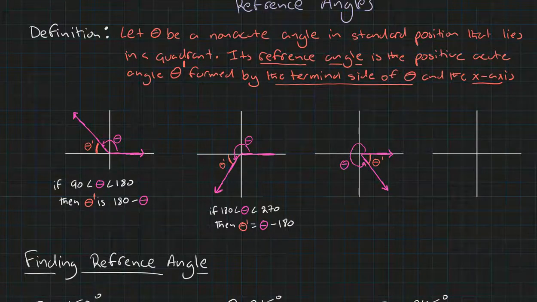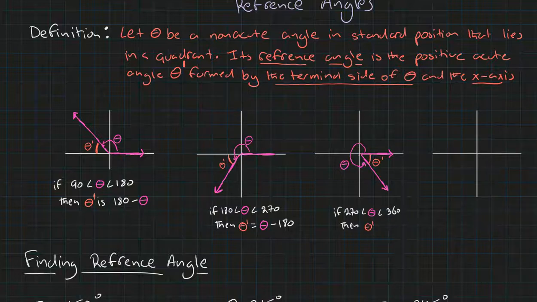So how do we find that? If theta is bigger than 270 and less than 360, then our reference angle, theta prime, equals 360 minus theta. Those are the rules we're going to use to find reference angles.